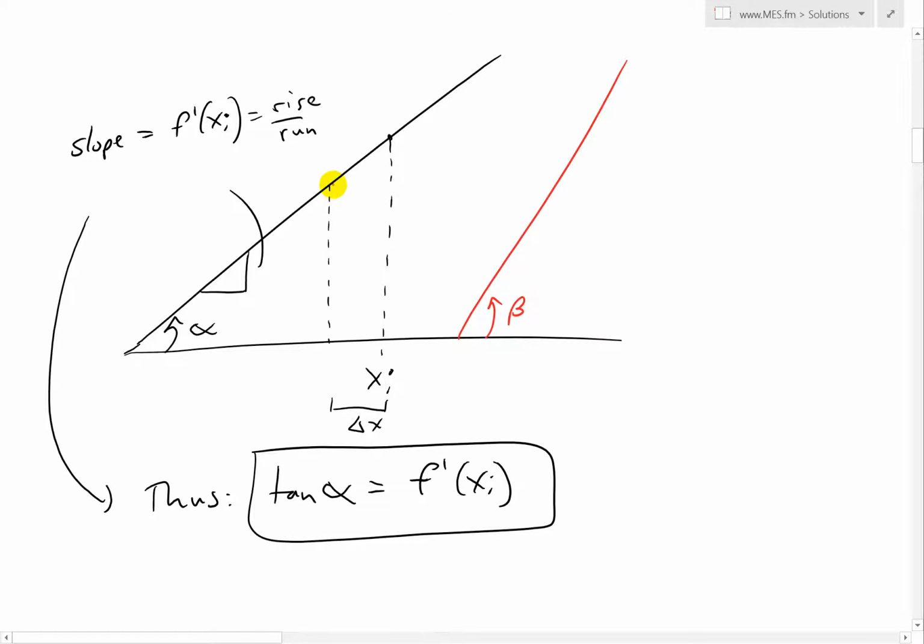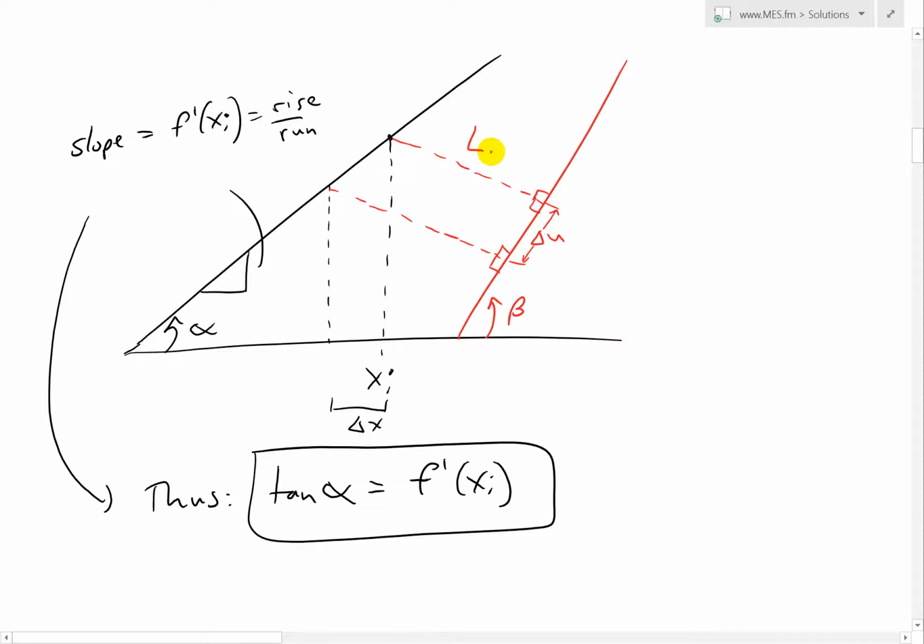Now we're going to transpose this across in a perpendicular line here. It's perpendicular, so 90 degrees on both sides, and this is our delta u from there to there.